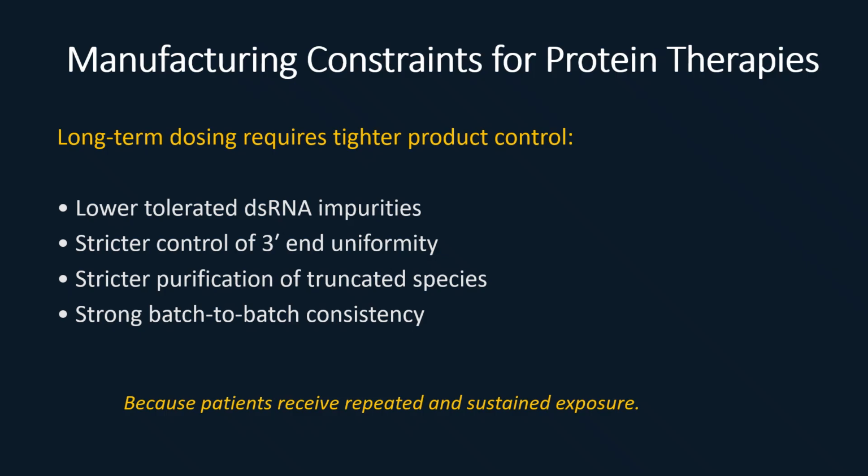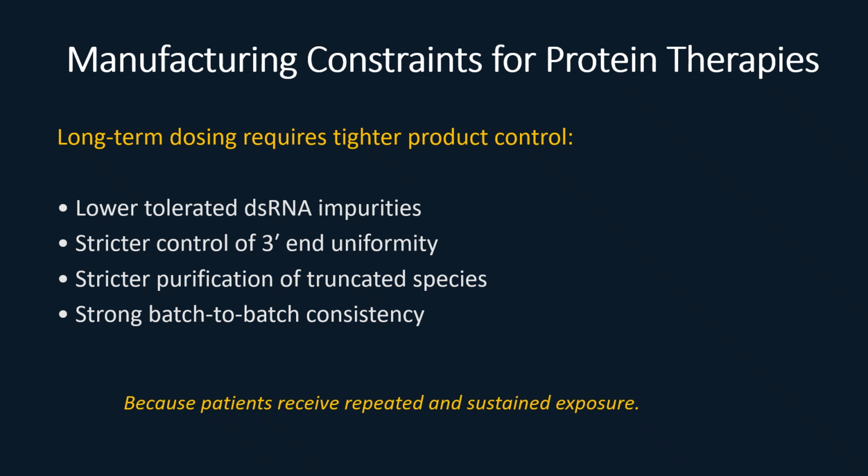Let's talk about protein replacement therapies' manufacturing constraints. One thing is that these therapies may be given for months to years. So that changes the risk model completely. First of all, double-stranded RNA tolerance is lower.